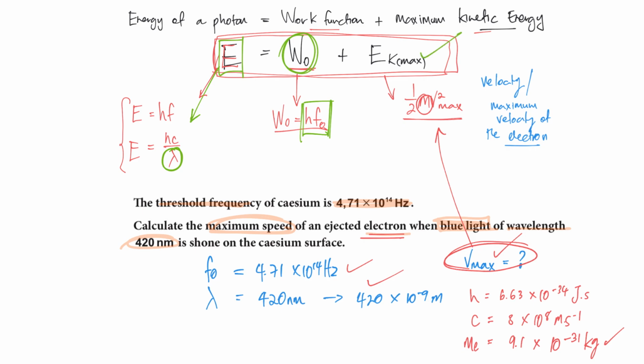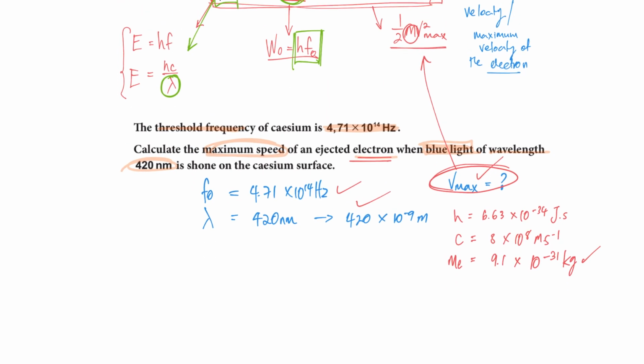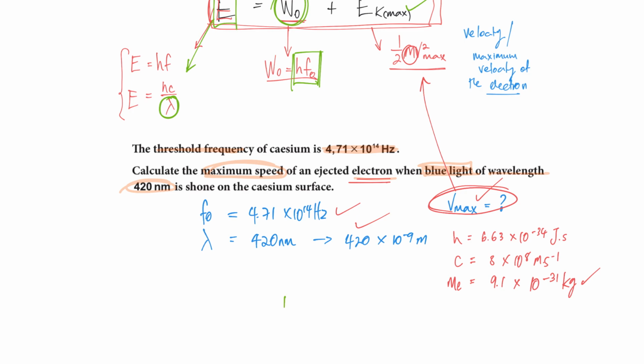I've got to put together what my equation is going to look like. So the first thing I do is write down the base equation, which is E is equal to the work function plus EK max. Even though I'm not using that, that's my base formula. That is what I'm getting marks for.